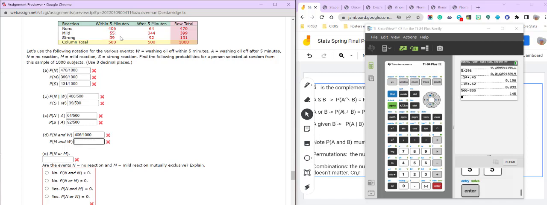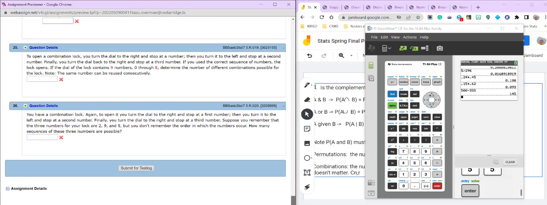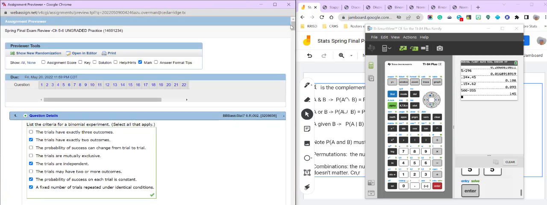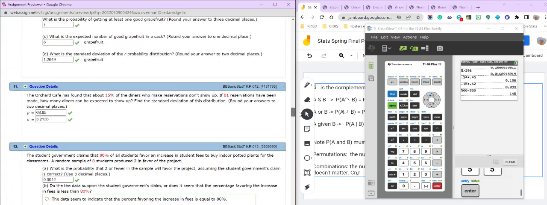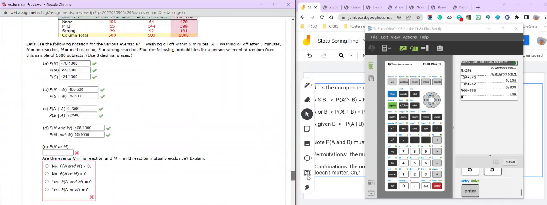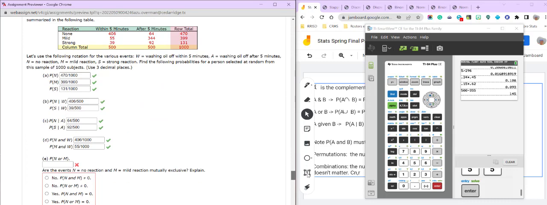Probability of mild and within 5 minutes, there were 55 of those out of 1,000. All right, let's go ahead and check our work so far. So far, so good. See, I told you could do decimals.